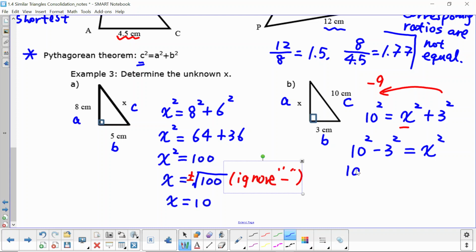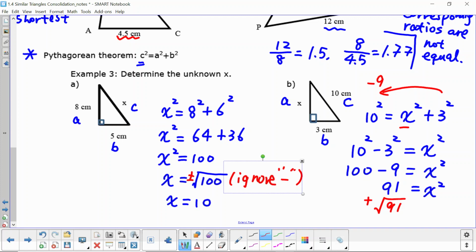Then use your calculator: 10 squared, 10 times 10 gives you 100. 3 squared gives you 9. 100 minus 9 equals x squared. Then it's 91 equals x squared. We move the squared to the other side, it will be square root.